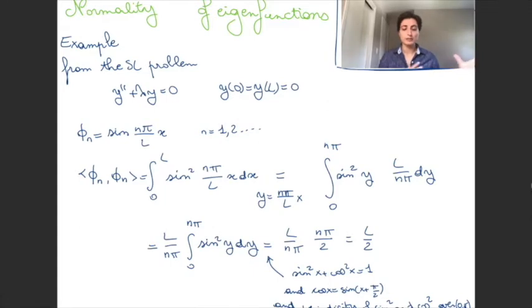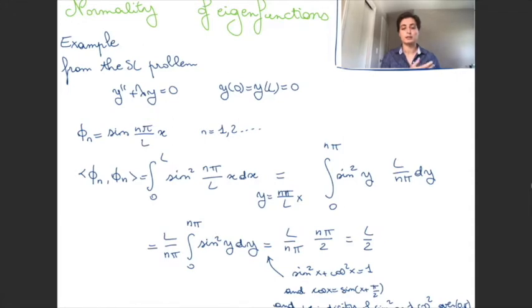If we want to rescale these eigenfunctions in order to have them being normal, so that means of norm 1, what we do is taking the inner product of one eigenfunction by itself and compute this integral explicitly.